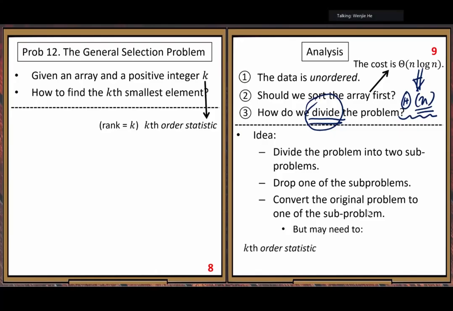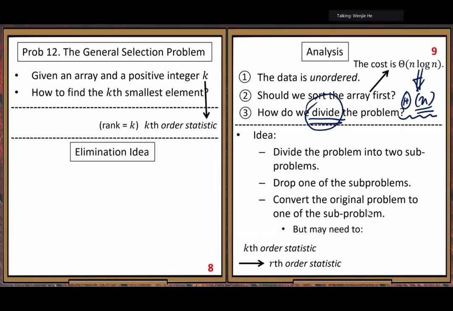So when we consider the divide step, let's look at the elimination idea here. There are two cases we can consider.